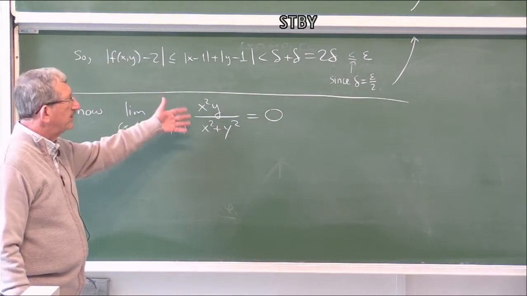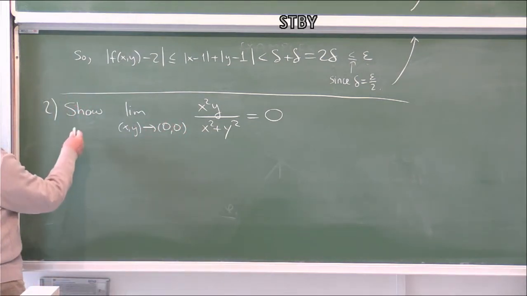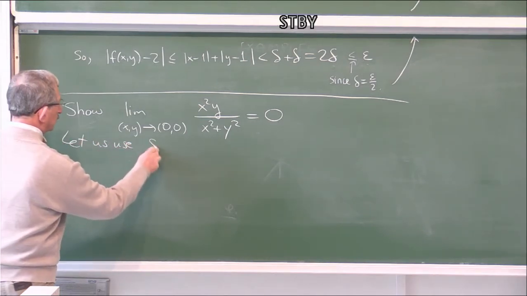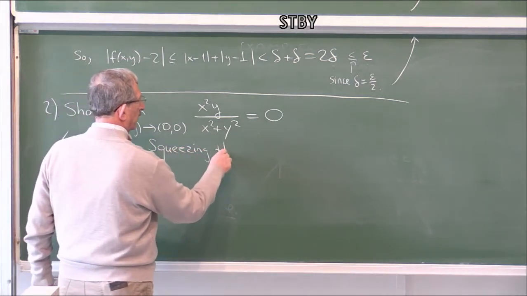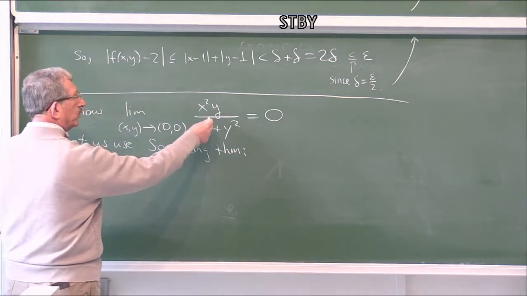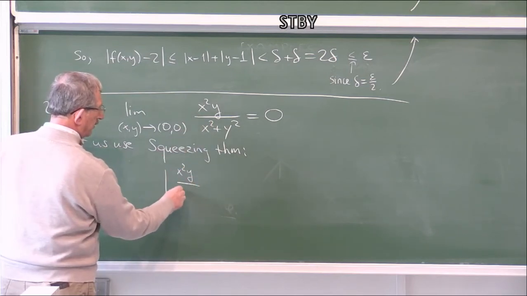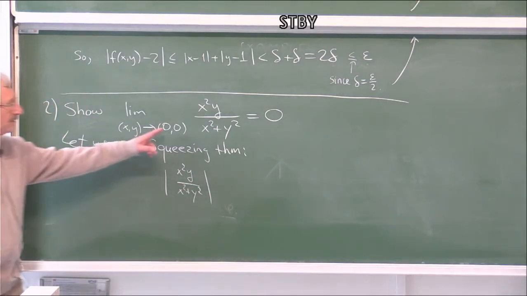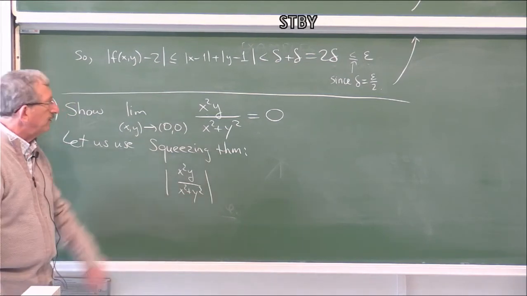Actually, we will be doing the same calculations anyway, but let us use the squeezing theorem. What does that say? We look at this term, x squared y over x squared plus y squared. Of course, (x, y) is not (0, 0), which means the bottom is not 0. So we can do it.